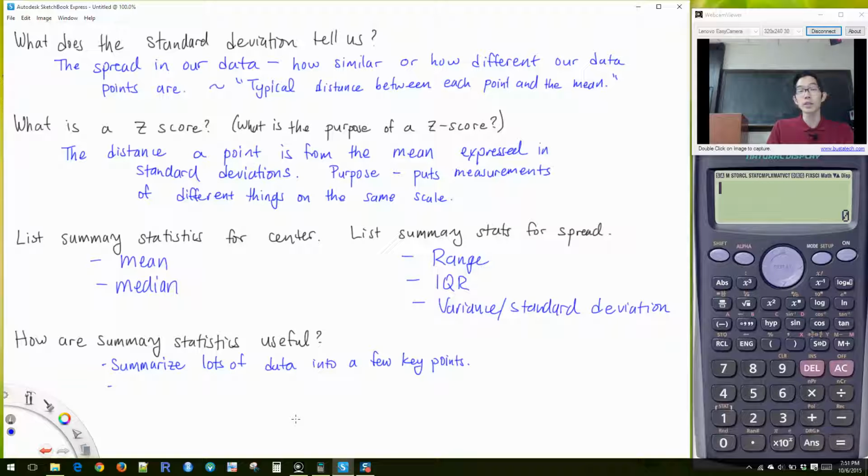And what that then allows us is to make quick comparisons between groups of data.